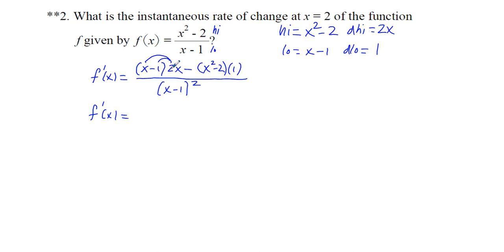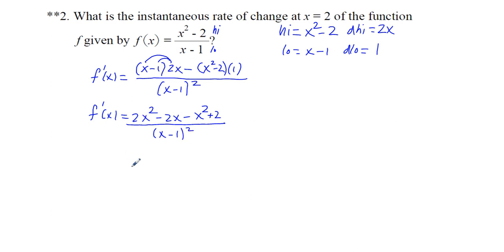f prime of x is equal to 2x times x, which is 2x squared, minus 2x, and then we have minus x squared, and then minus negative 2, so we'll call that plus 2, all over 2x minus 1 squared.